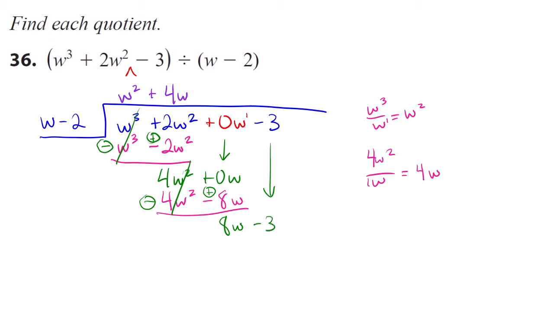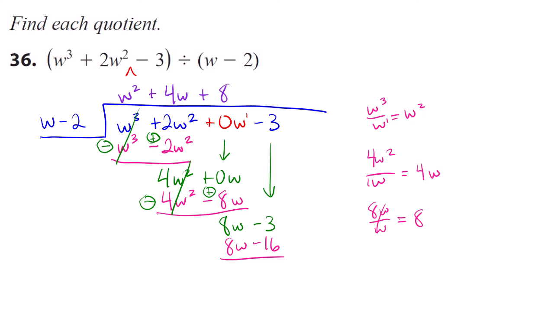Now we're going to do 8w divided by w. That becomes 8, the w's cancel out. We put an 8 on top here. Don't forget that it's a positive 8, so we put a plus. Then we distribute 8 by w. 8 times w is 8w. 8 times negative 2 is negative 16.